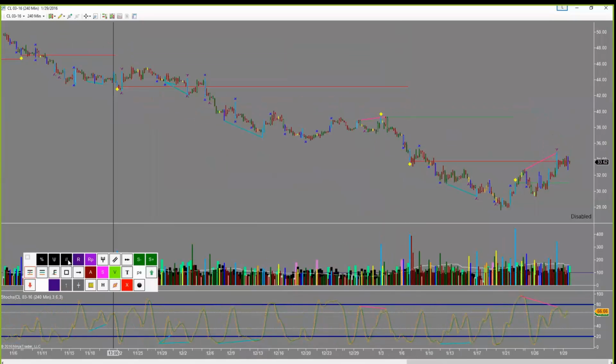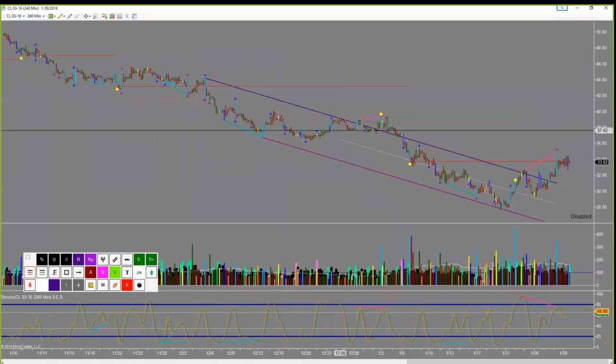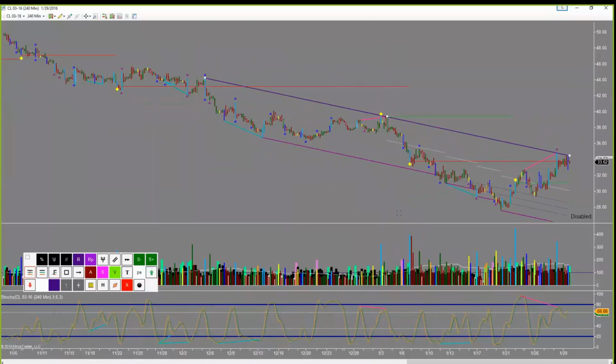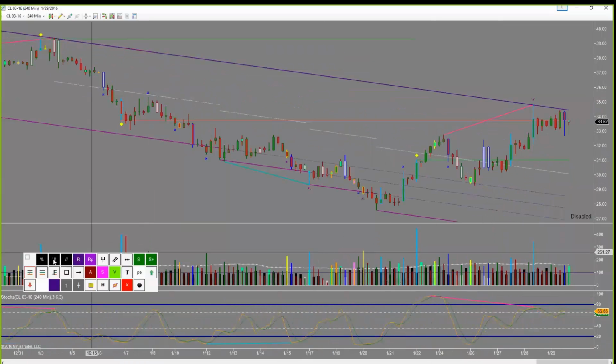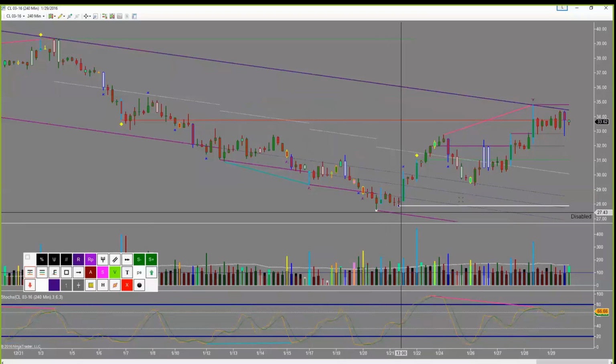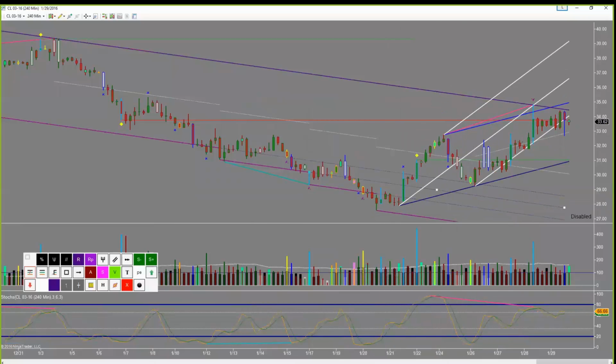So here we had a trend line, a downtrend line coming in right here, which was the high yesterday, the exact high yesterday. And then it came together with the median line and the channel line.